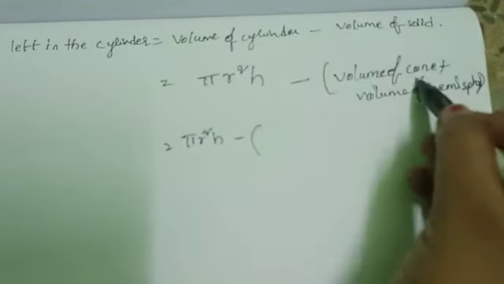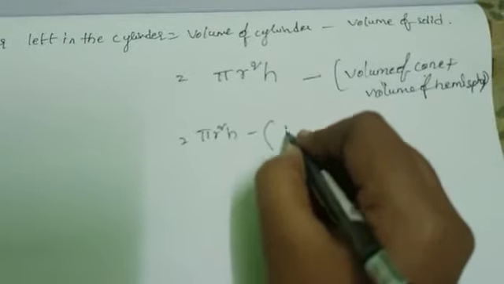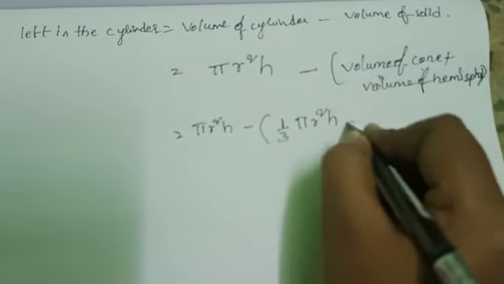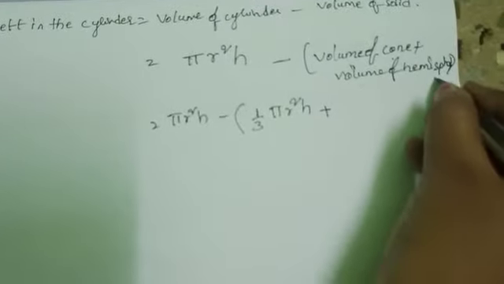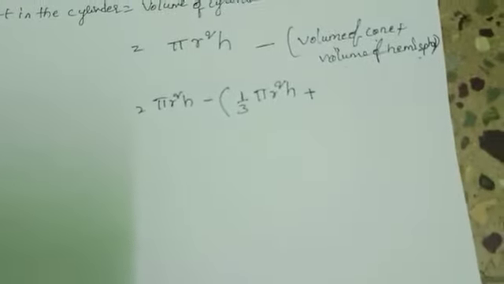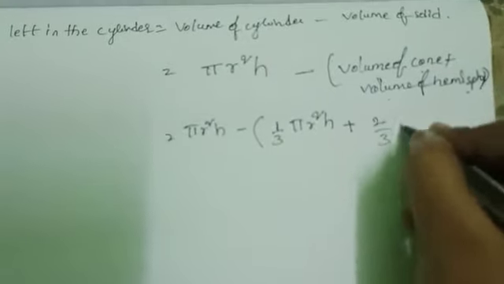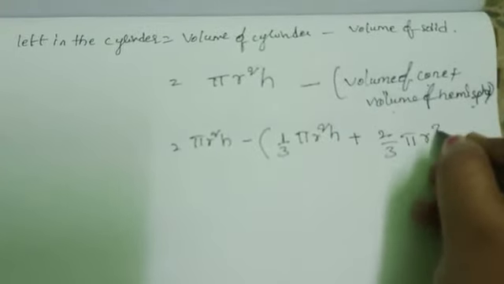Volume of cone is 1 by 3 pi r square h plus volume of hemisphere. What is the volume of hemisphere? 2 by 3 pi r cube.